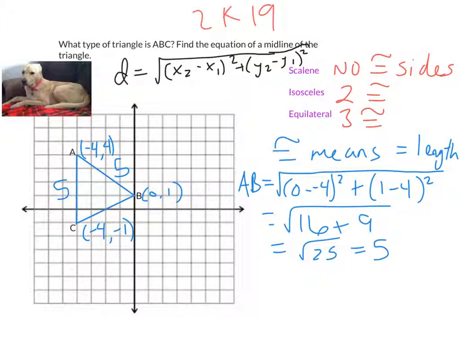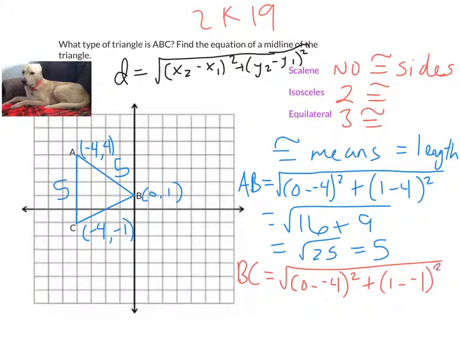Let's do that. I'll do that in red. So BC. Square root of, well, my x is 0 minus -4 squared, plus 1 minus negative 1 squared. So that's going to be, again, 16 in the square root, and then 1 minus negative 1 is 2, squared is 4.